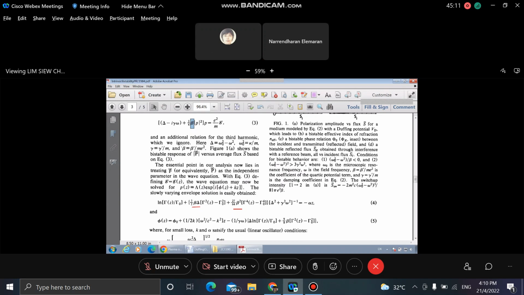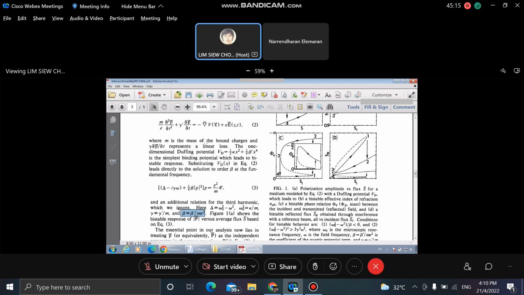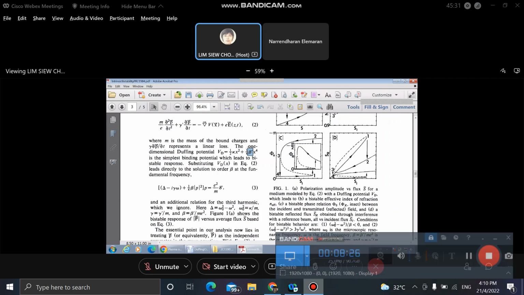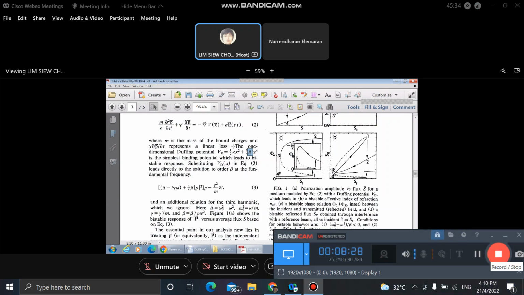Even though beta is defined as this, it is something that you define. The kappa here is the spring constant for the second-order expansion of the potential. Beta here is a constant also, so you need to define this.